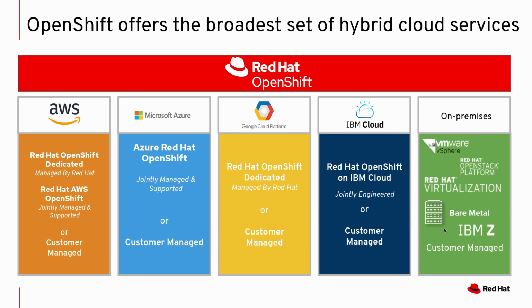Of course, if you prefer on-premise deployments, you have also many different infrastructure options to choose, starting from the bare metal through the virtualization platform OpenStack, and also different IBM hardware like Z and Power platforms.